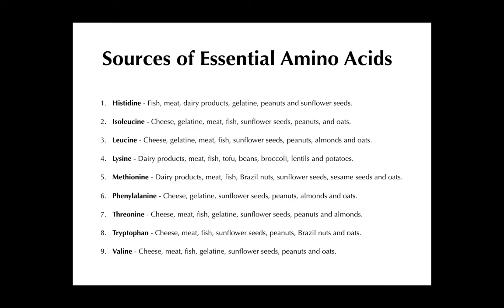If you're a vegetarian and you don't eat sunflower seeds, peanuts, tofu, or almonds, your chance of getting those 8 essential amino acids is lower. But if you eat dairy, meat, fish, eggs, you're going to have more chance of hitting your essential amino acids in a day. So just bear that in mind, especially if you are a vegetarian or vegan.